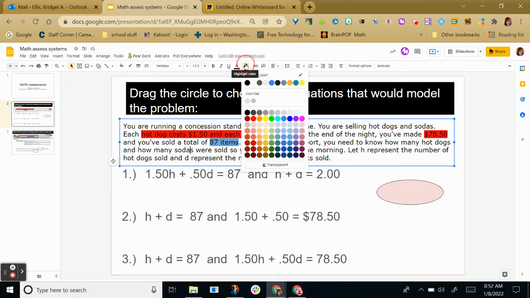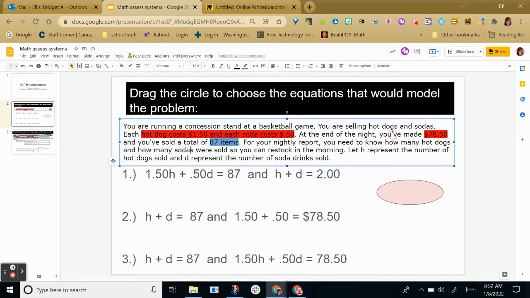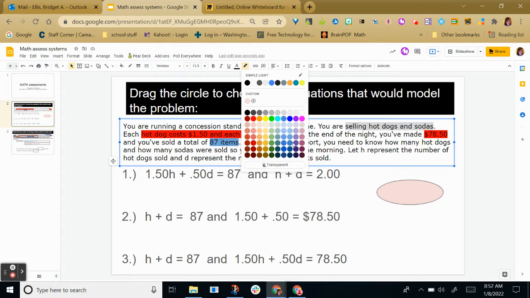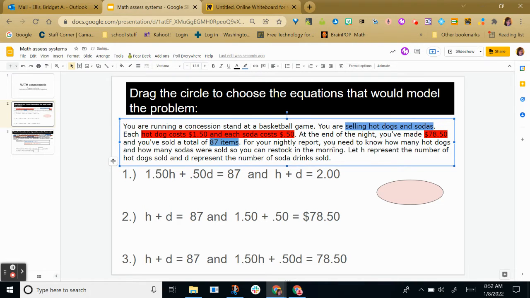Well, it says right in the beginning that I am selling hot dogs and sodas. So together, the number of hot dogs and the number of sodas equals 87. There are my equations. Pretty cool.